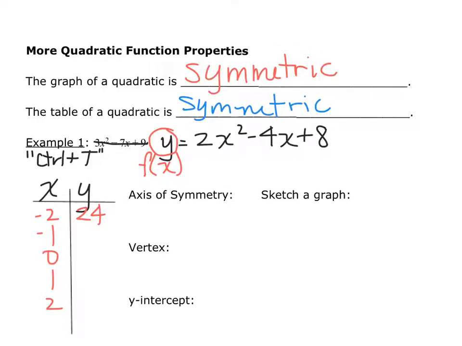I'm going to scroll down. -1, my Y value is 14. 0, my Y value is 8. 1, my Y value is 6. 2, my Y value is 8.